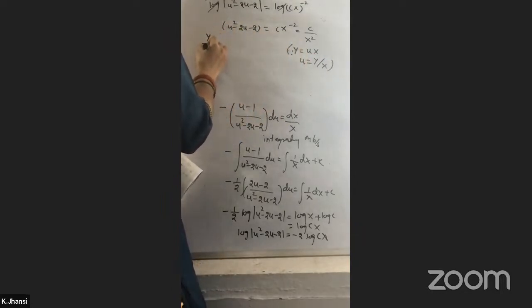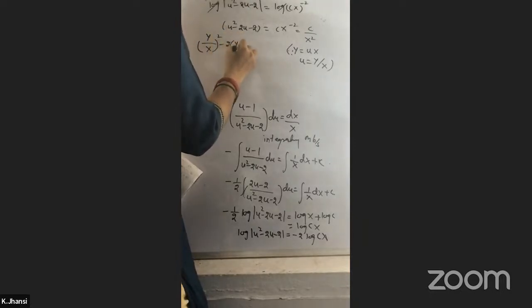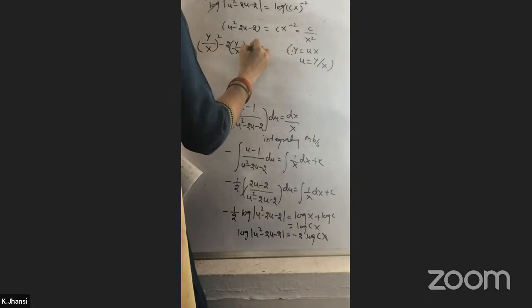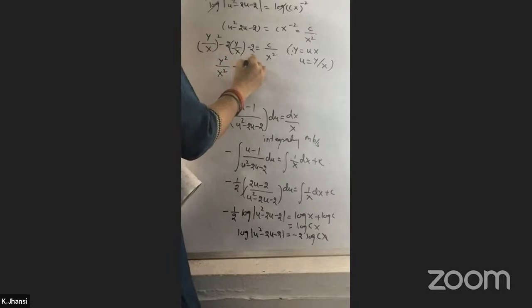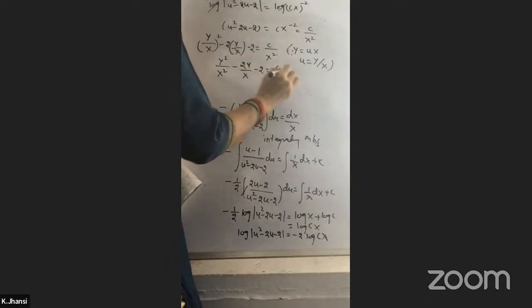Okay. Now you convert into this one. So what is the u value? Y by capital X whole square minus 2 into y by x minus 2 is equals to C by x square. So if you do the square of this one, it is y square by x square minus 2y by x minus 2 is equals to C by x square.